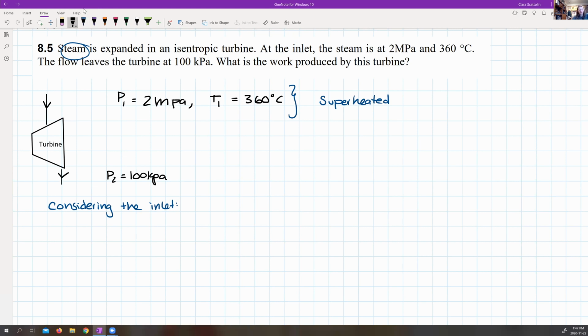unfortunately, the numbers I want aren't exactly on the table. So what I'm going to do is interpolate between 400 degrees C and 350 degrees C. And for 400 degrees C, I have an H1, an initial enthalpy, of 3247.6 kilojoules per kilogram.